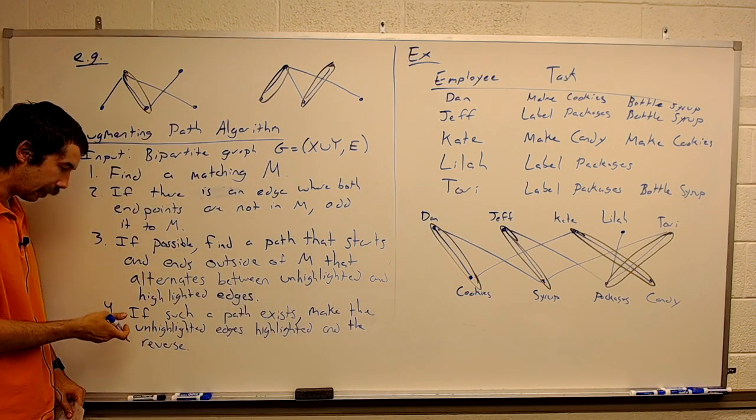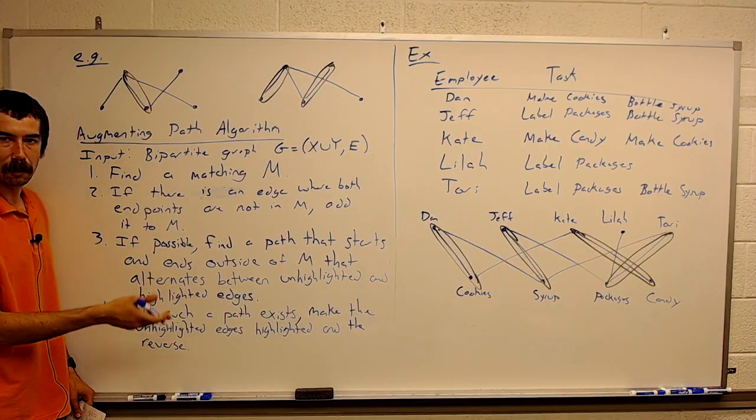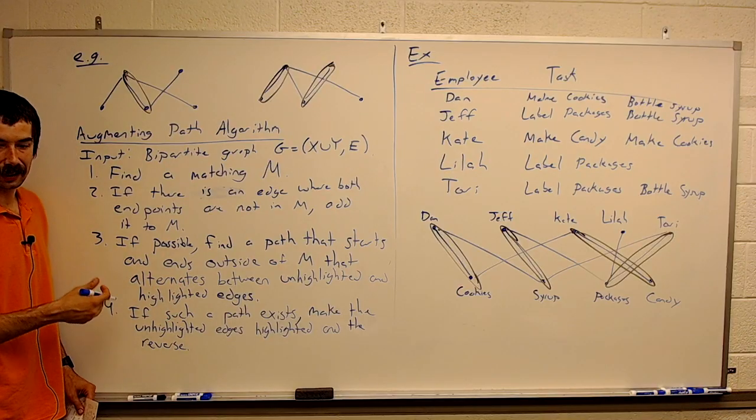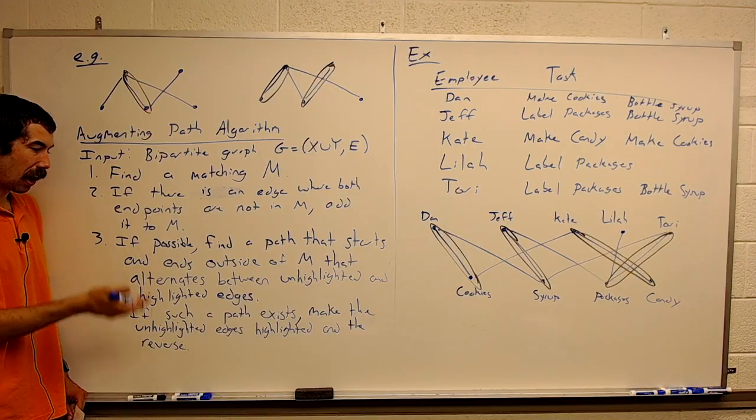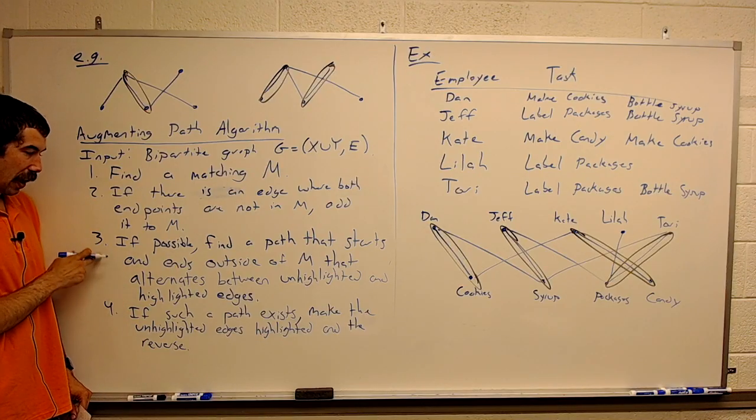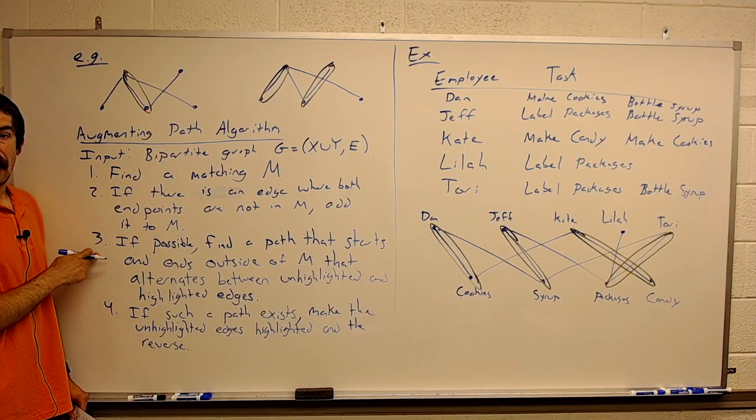Highlighted become unhighlighted. And then we're going to repeat this process until we can't find any of these paths.